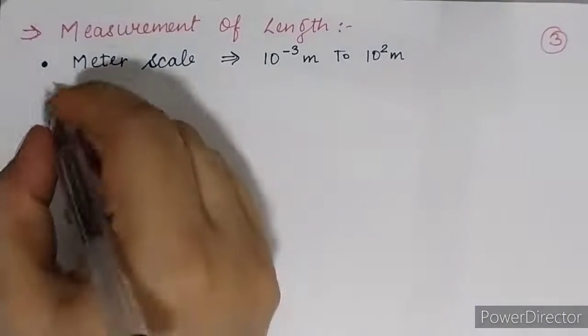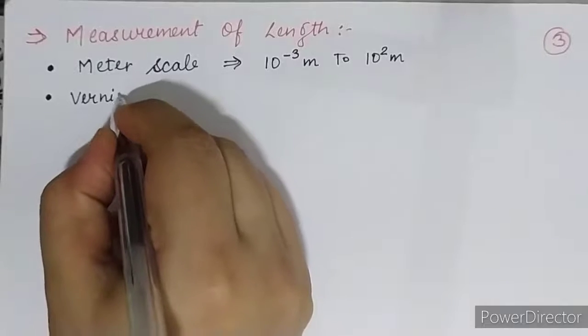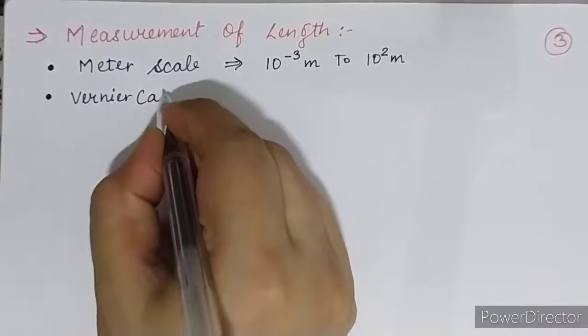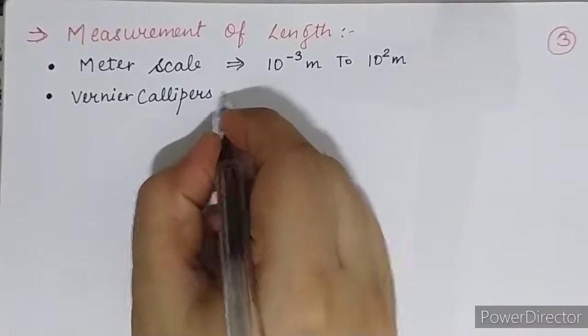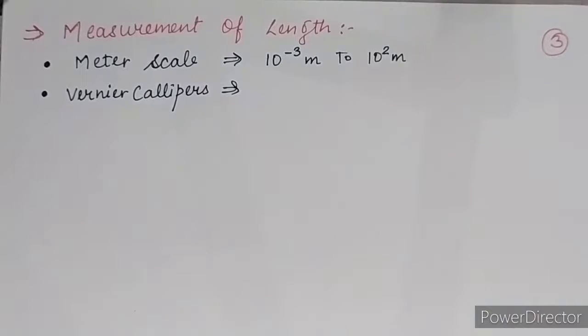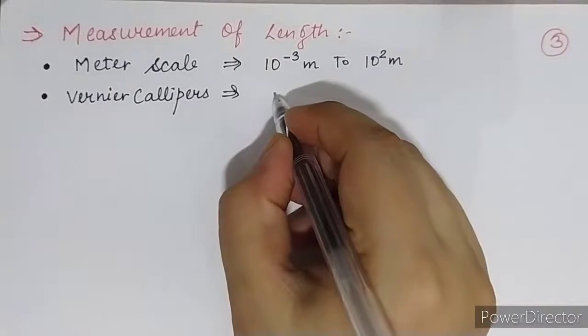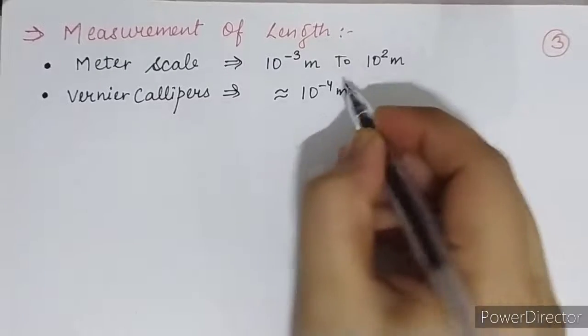Next one, you have a vernier caliper. Vernier caliper is another device which also helps you measure length, with an approximate accuracy of 10 to the power minus 4 meter.